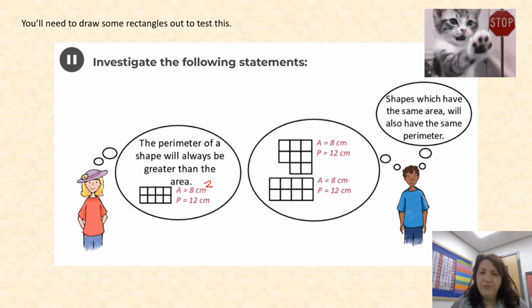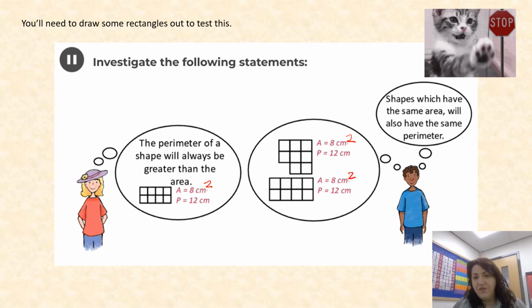Statement number two is this young man here, and he says shapes which have the same area will also have the same perimeter. So he's saying if you draw two different shapes and they have the same area, which of course should have the 2 after it, they will also have the same perimeter.